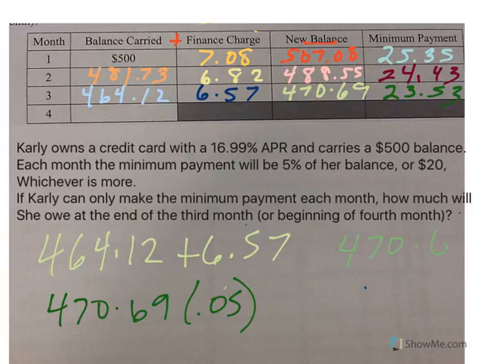So if I owed 470.69 and I paid 23.53, at the end of 3 months or the beginning of 4 months, I'm going to owe $447.16.